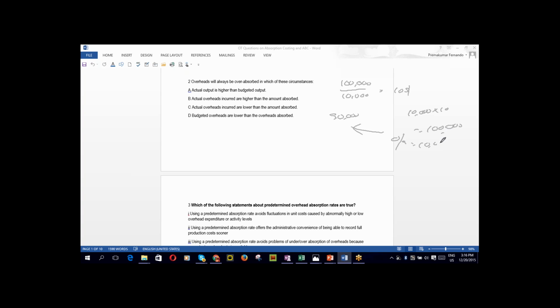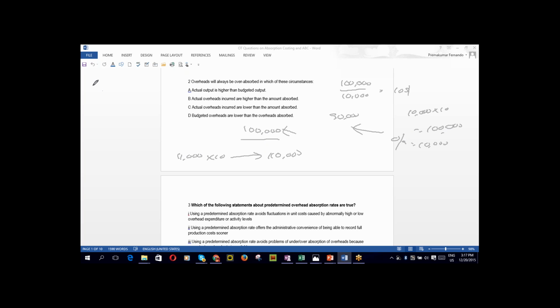That is one. The other one that can happen is actual cost is 100,000, but you have produced more than 10,000. You have produced 11,000, for example. So when you produce 11,000 at the rate of 10, you will be absorbing 110,000, whereas the actual cost is 100. So you can have an over-absorption situation arising due to two things.